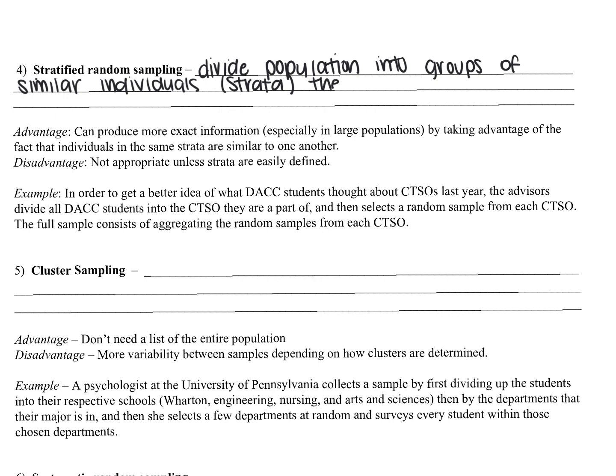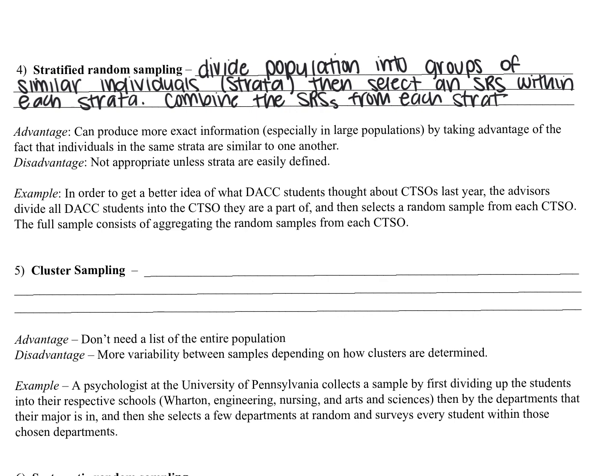You then select an SRS, a simple random sample, within each strata. And then you combine the SRSs from each strata to form the full sample.